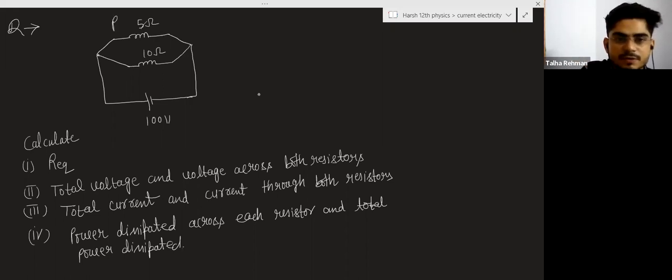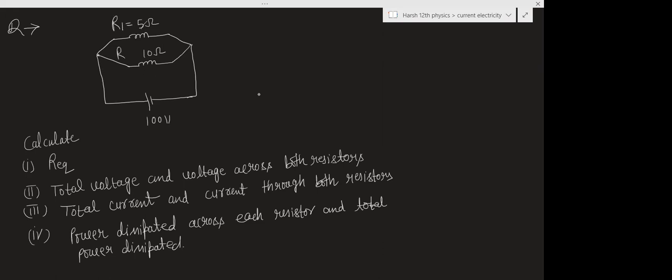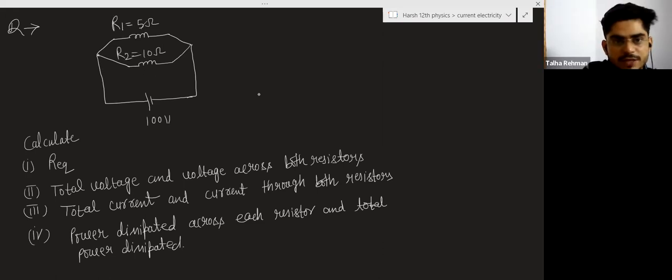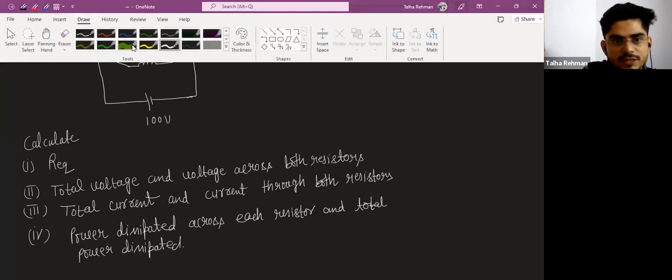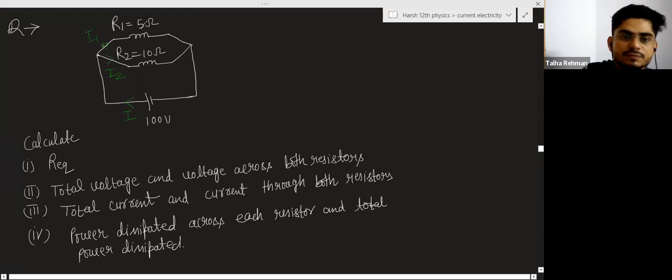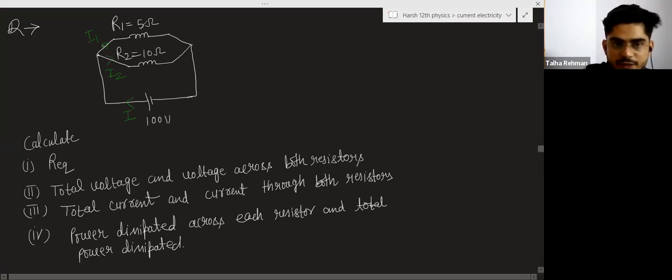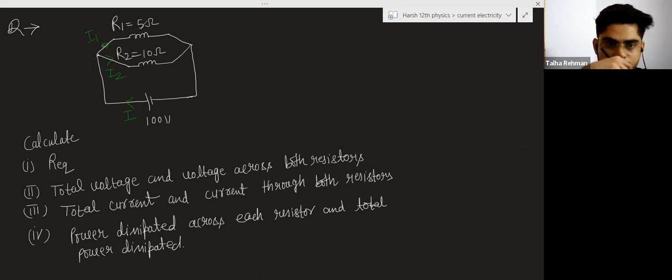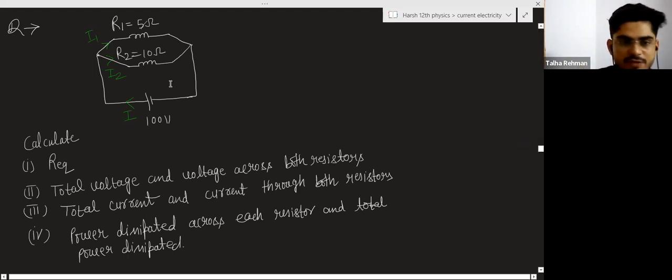And this is R1. I'm supposing this is R2. And as the circuit is like this, you can say that the current I is flowing here, and I1 is going there, and I2 is coming here. Now here is the voltage V1, and here is the voltage V2. So Harsh, I am starting. Completed, Harsh?